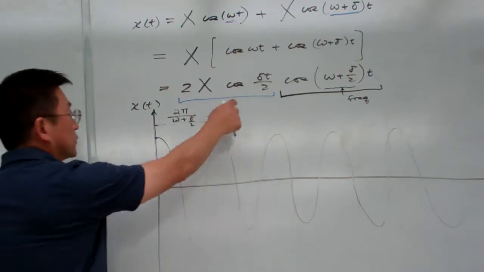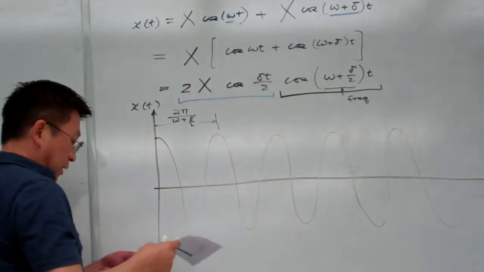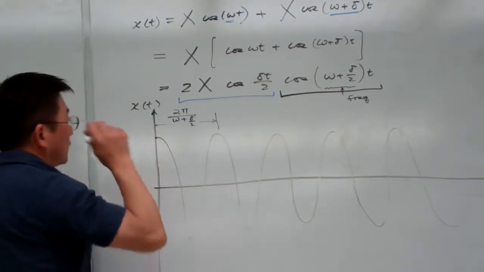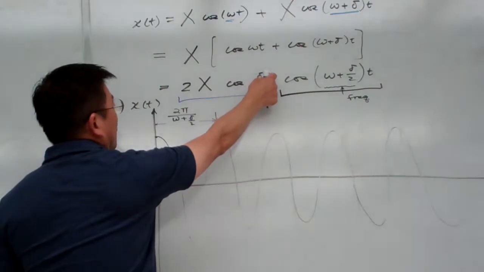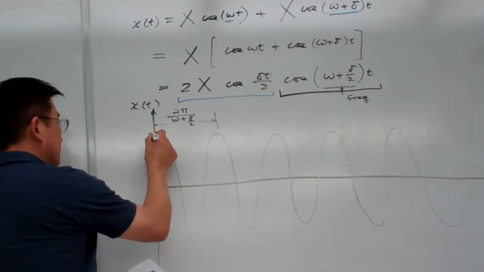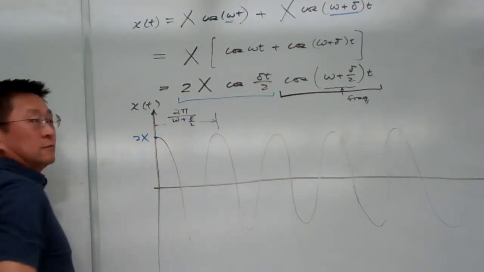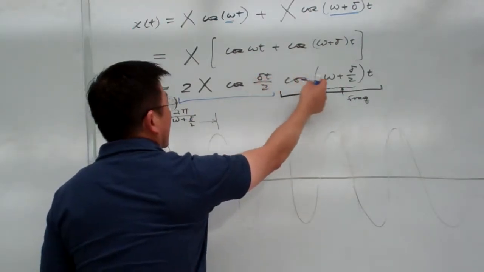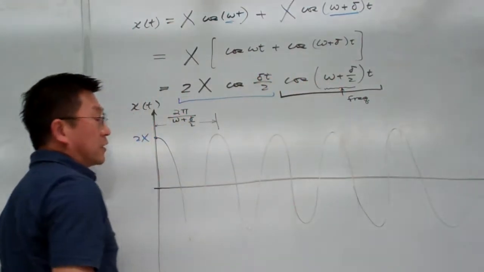Because that is a function here. So in this case, when t equals 0, the magnitude equals 2x. Okay? And this delta is a number less than omega plus delta over 2.